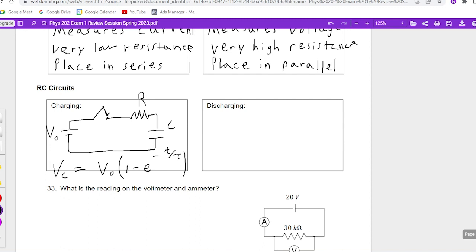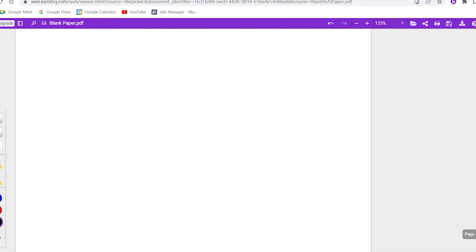And then the question is, what's tau? Well, tau is called a time constant, and it's equal to the resistor times the capacitor. You just multiply those two numbers together. That's how you get the time constant.